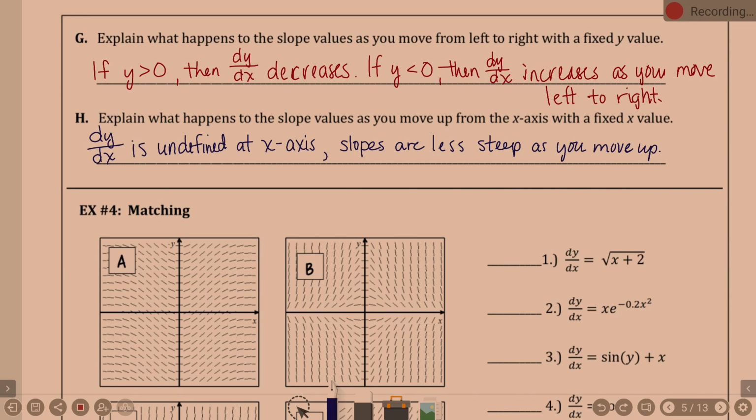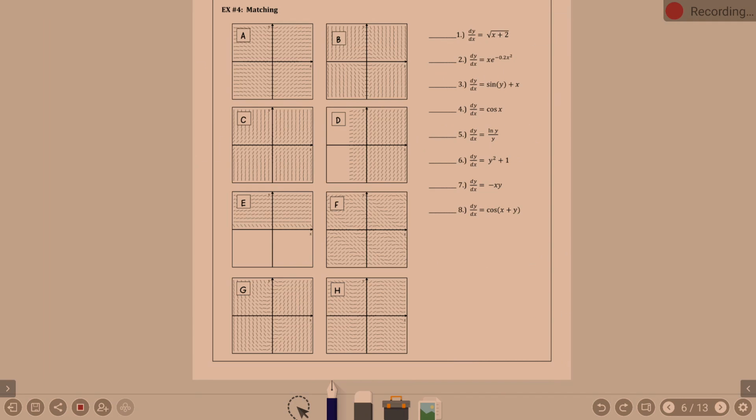Okay, we got some matching to do. Should have had you guys start thinking about this. So before anyone says anything about answers, no answers, no thoughts out loud yet. Got it? Okay, because we've got 8 graphs and 8 equations. We've talked about how some of their slopes all the way across are the same.